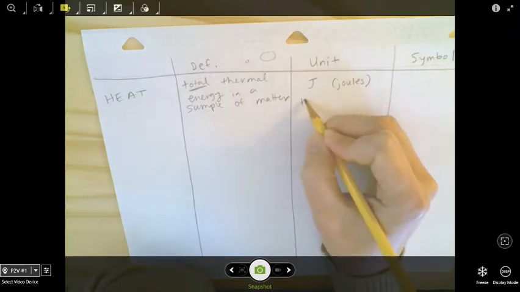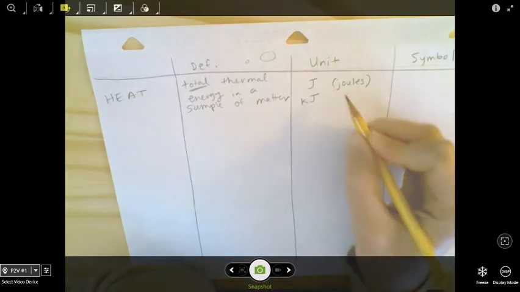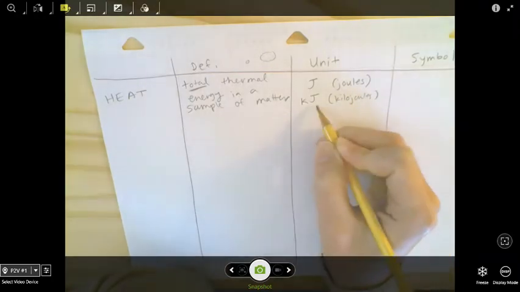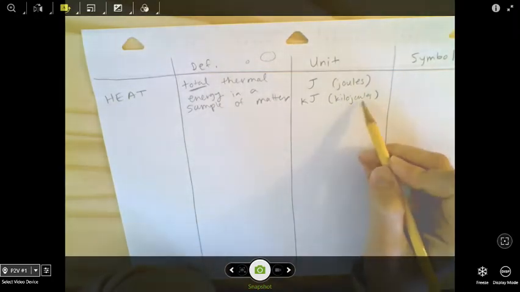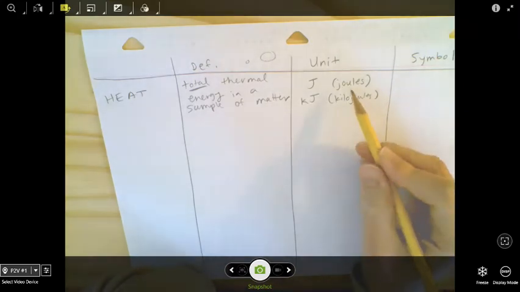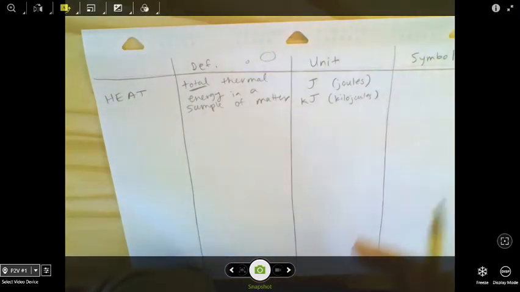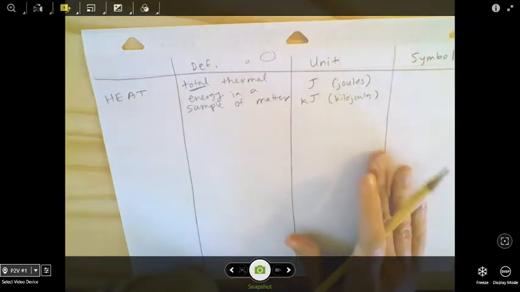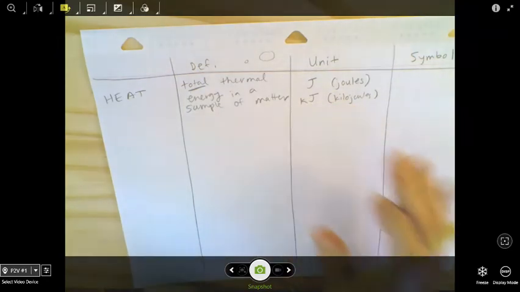So a lot of times in chemistry, we actually work in kilojoules. Make the k lowercase and the J capitalized. So a kilojoule is 1,000 joules. We tend to use that a lot because a joule is a pretty minuscule amount of energy. When you add a joule to something, it doesn't really change the temperature of it all that much. But adding a kilojoule is a little bit more meaningful.